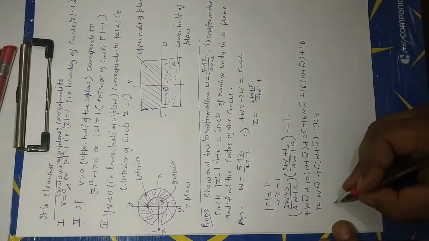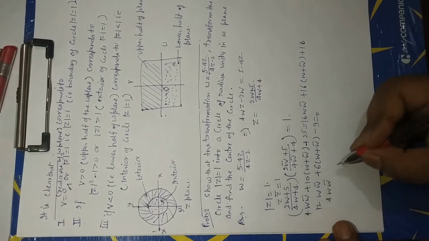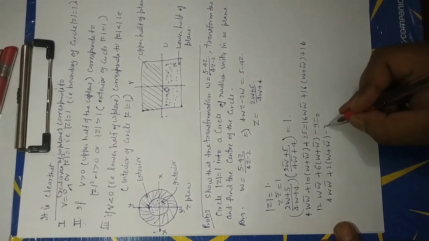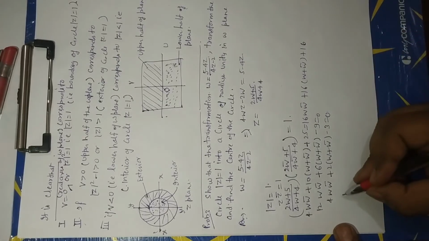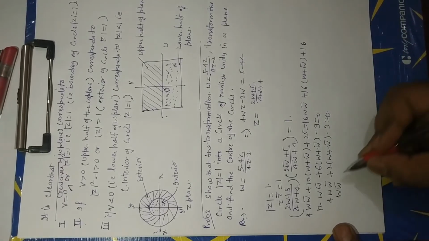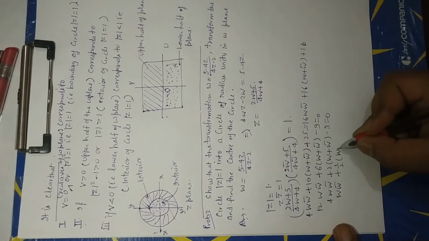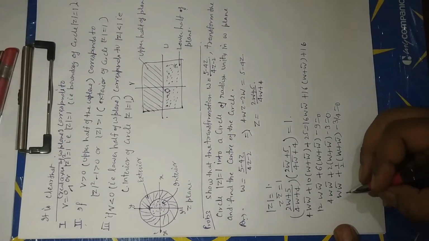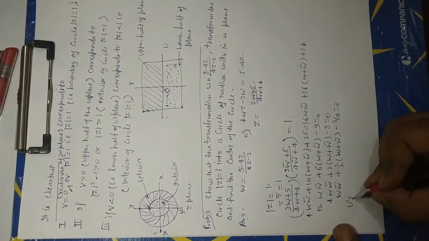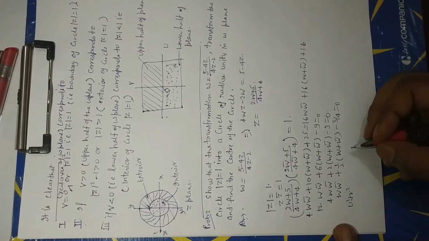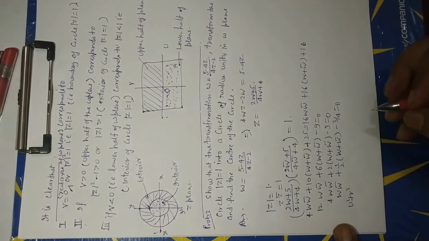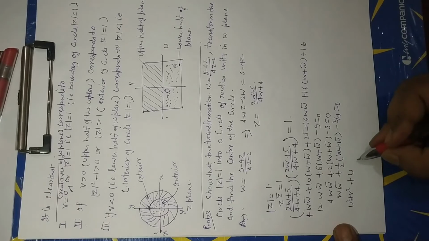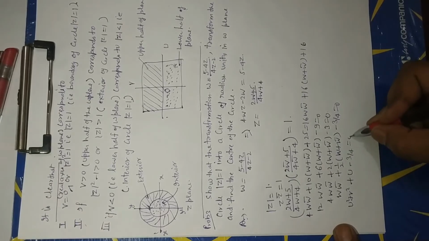Now 3 is common: 4 W W bar plus 2(W plus W bar) minus 3 equals 0. That is, W W bar plus 1 upon 2 (W plus W bar) minus 3 by 4 is equal to 0. Since the value of W W bar is u square plus v square and the value of W plus W bar is 2u, it will be u square plus v square plus u minus 3 by 4 equal to 0.